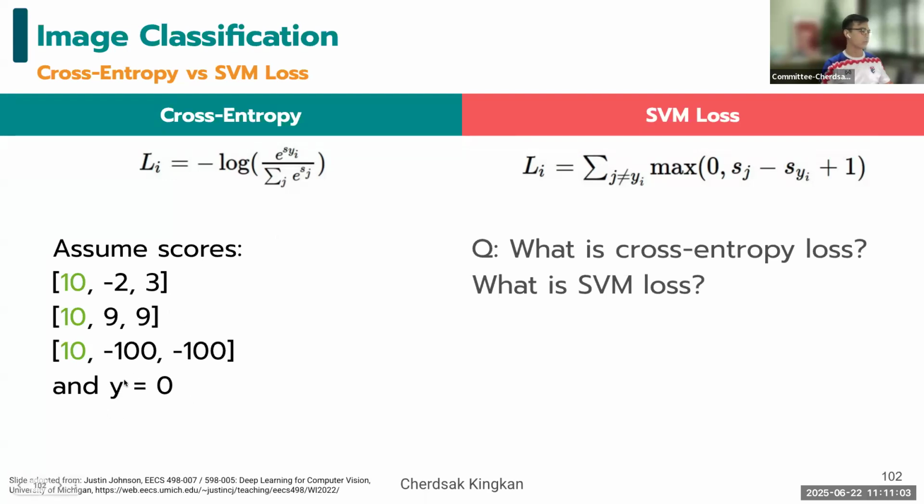The ground truth will be 0, which means that if the model predicts the score of the first element higher than the others, that's correct. What is the cross entropy loss and what is the SVM loss for these 3 samples?